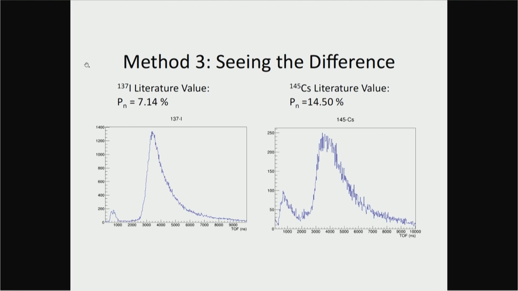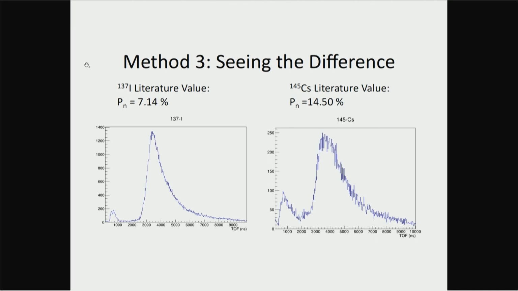We can also see the difference just by eye at different nuclei, to see that we're getting these different isotopes and that there actually are different values. In the case of cesium-145, it has a literature neutron branching ratio of 14.5, and that's about twice the iodine-137.